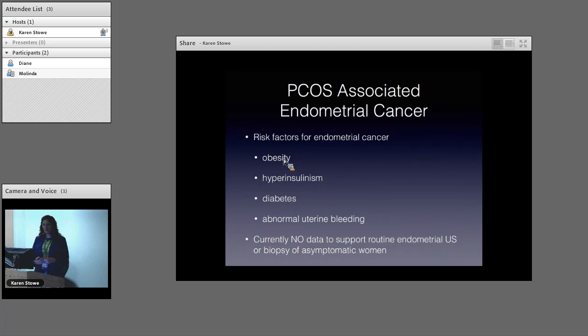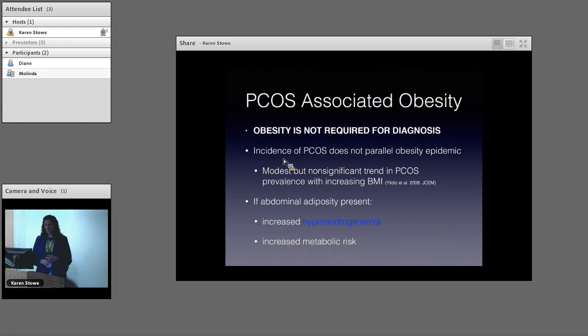As mentioned earlier, women with PCOS are at higher risk for endometrial cancer. They often have high risk factors for endometrial cancer, which include obesity, hyperinsulinism or diabetes, and abnormal uterine bleeding.